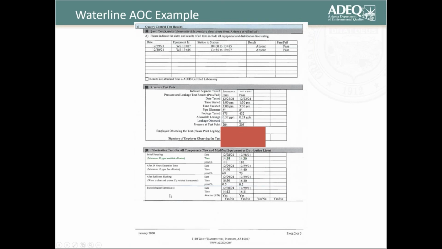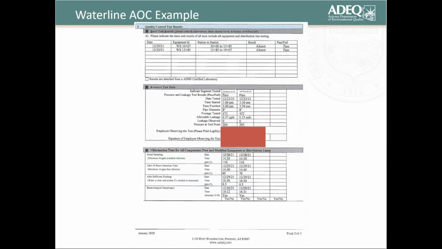And then the bacteriological sampling, which was done, in this case was attached to the AOC application. After reviewing these sections, on the following pages the PE registered in Arizona will sign the AOC application and attach the seal to this document. After reviewing all the related documents, the review engineer of ADEQ, which would be me, will issue an AOC permit that certifies the approved water component to be activated and put into use.